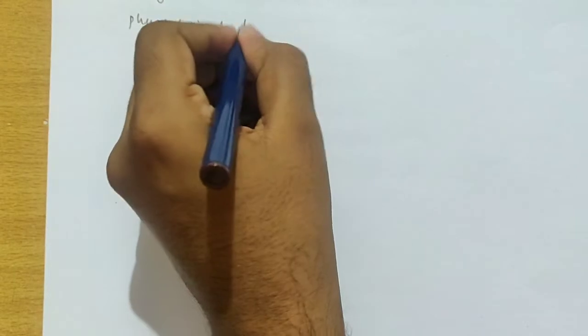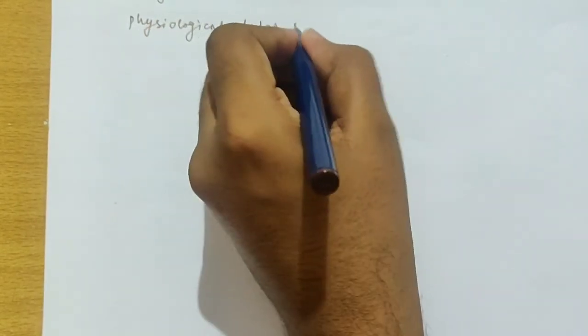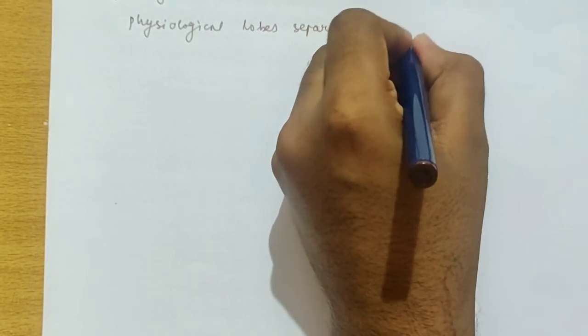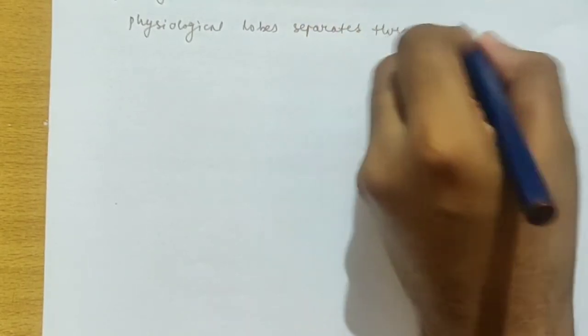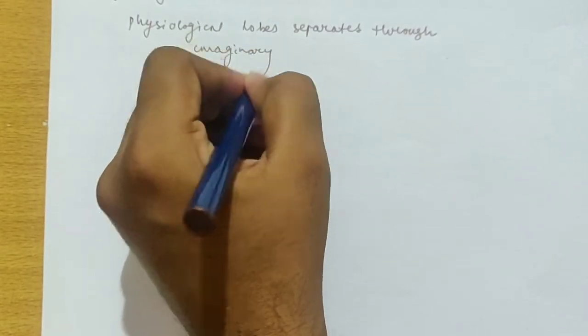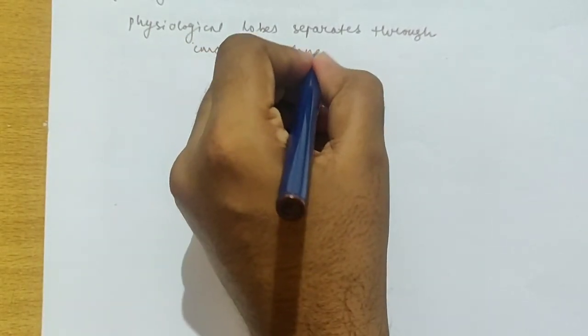Now we'll see how the liver is divided into right and left lobe, that is the physiological lobes, separated through imaginary planes.